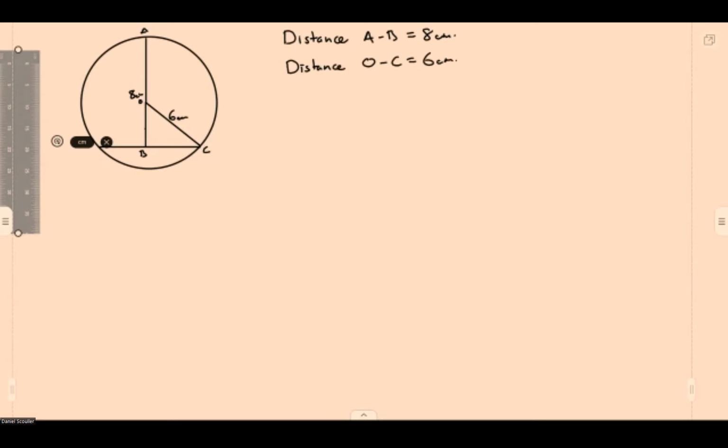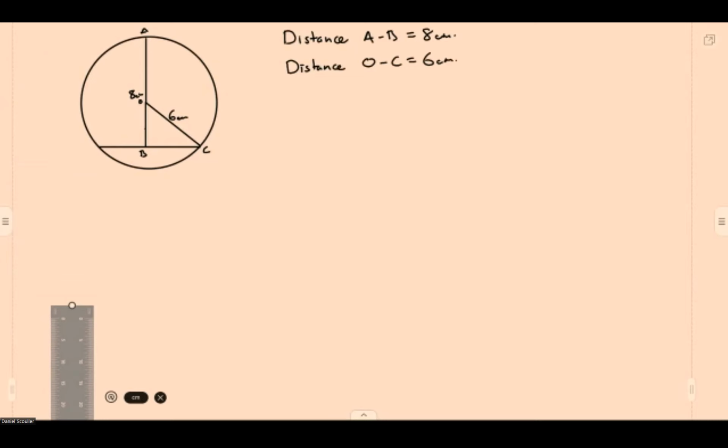O is the center of the circle, so they'll often label the center of the circle O to state the origin, usually. They may use different letters. One put point D over there.